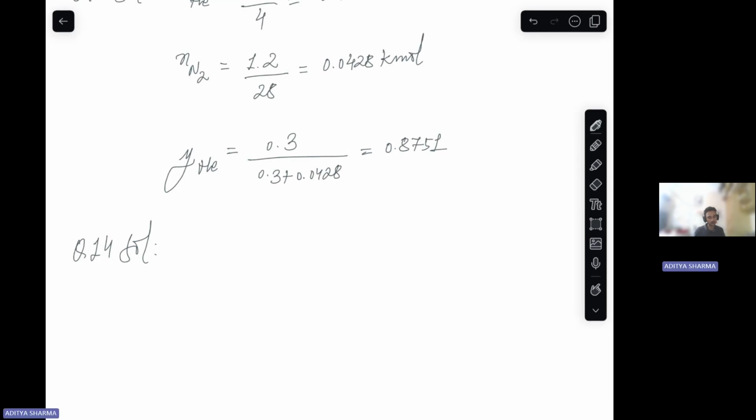So volume fraction can also be calculated directly from the mole fraction, right?